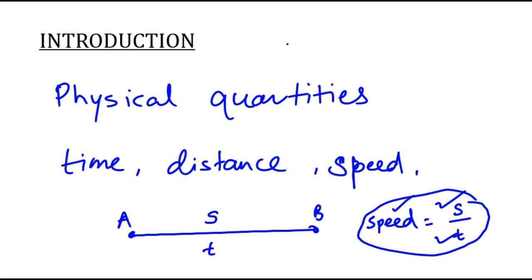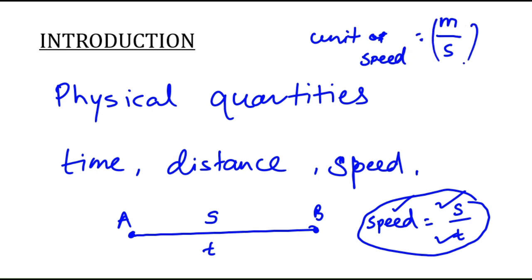So if we are measuring the distance in terms of meter, and time in terms of second, here we have a unit of speed, and it is meter per second. So the unit of speed is not a fundamental unit, but it is derived with the help of the unit of distance and the unit of time. This way we can classify all these quantities into fundamental quantities and derived quantities.